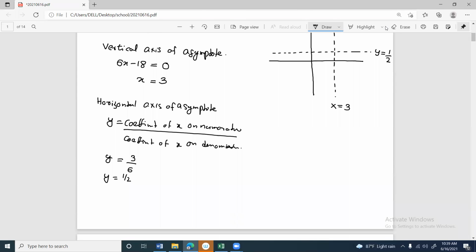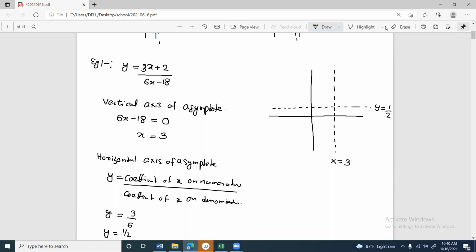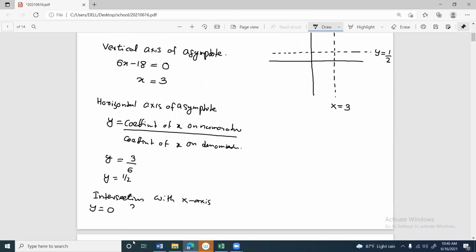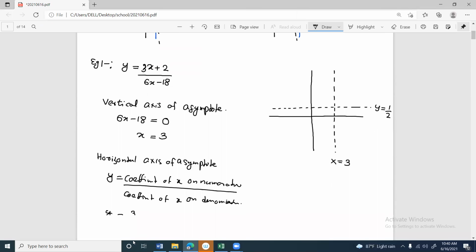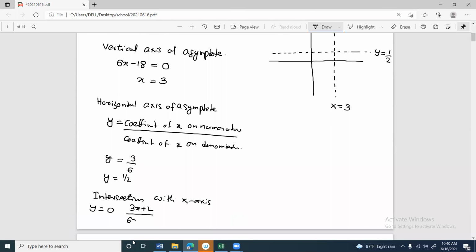After that, we need to see the intersection with the x-axis. You can find the intersection with the x-axis by making y equals 0 in this equation. So (3x plus 2) divided by (6x minus 18) equals 0.